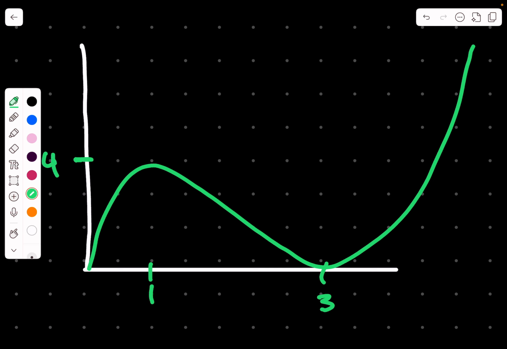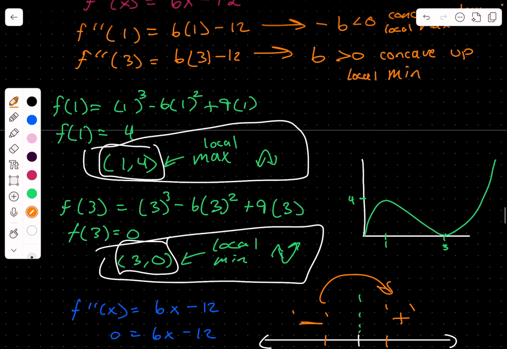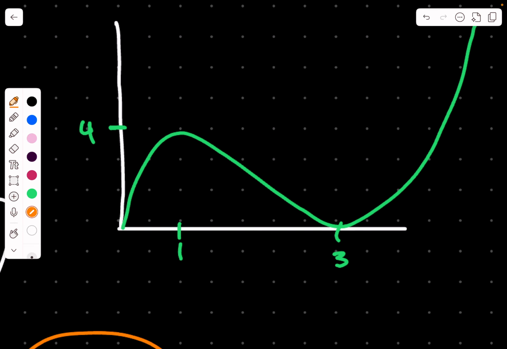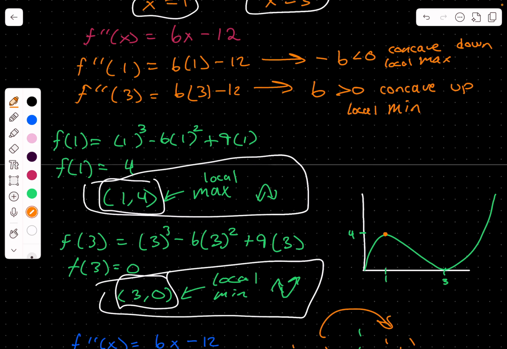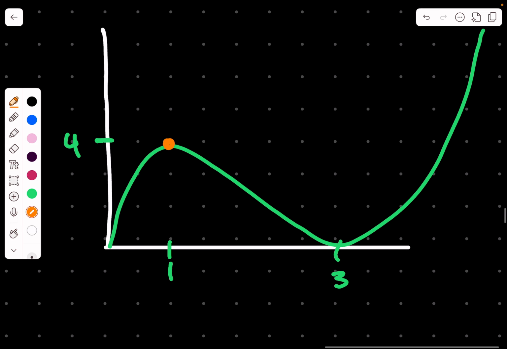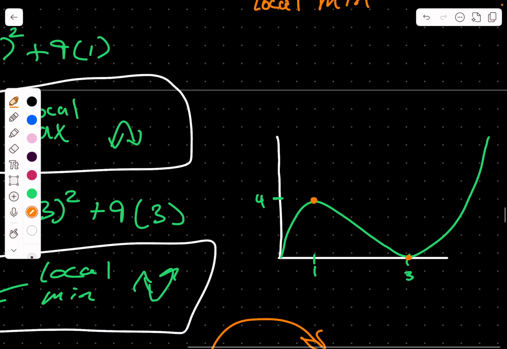right? Yes. All right. And if we look back at our points, it said that our local max was (1, 4). And would you look at that? When we look at the graph, that is our local max indeed. When we look at our local min, it says (3, 0). And would you look at this? That is it. Our inflection point is what?